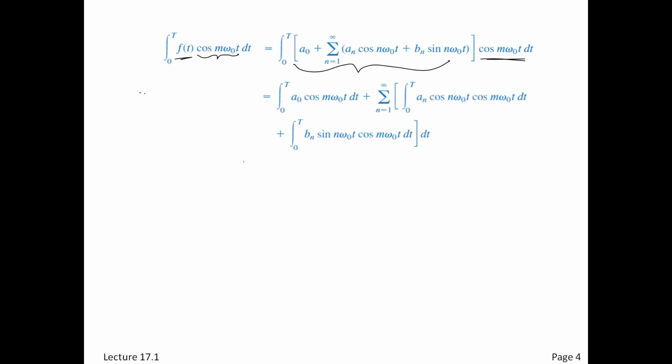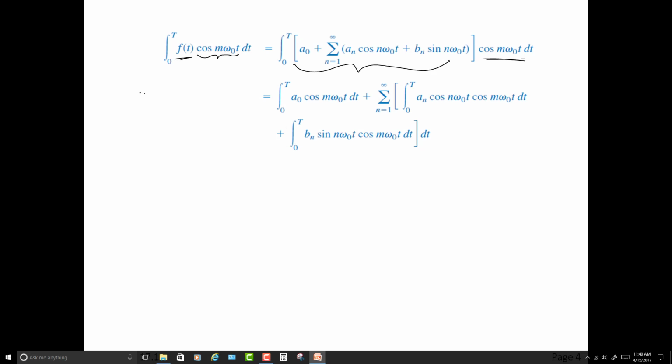Now the next step is clearly just expand that. Multiply it through, and what have we got here? Our coefficient, which we now know, over one period times the integral of cosine over that period. Then we've got a summation of a whole lot of multiples.